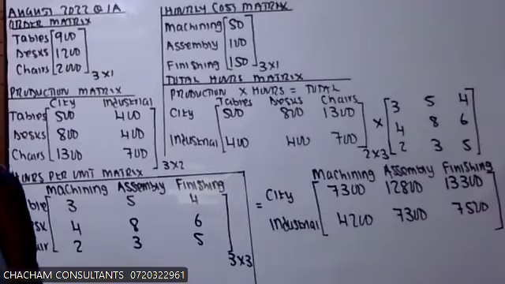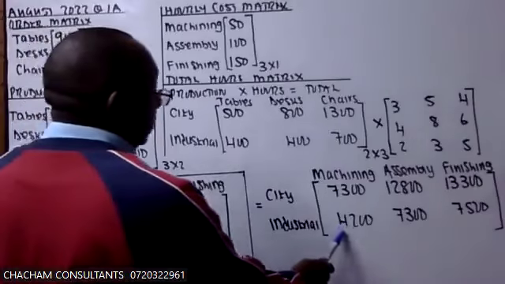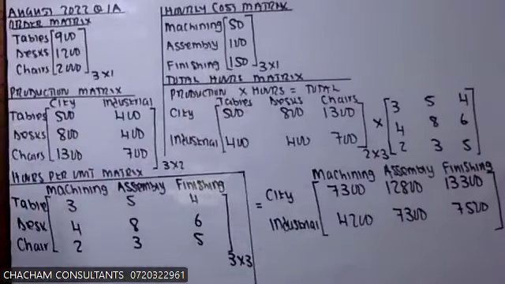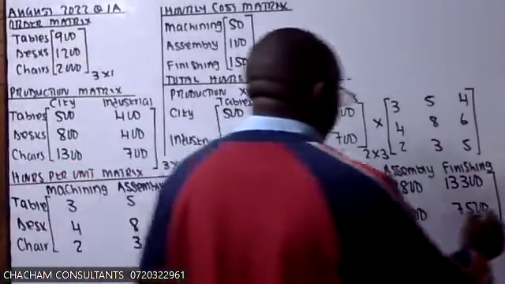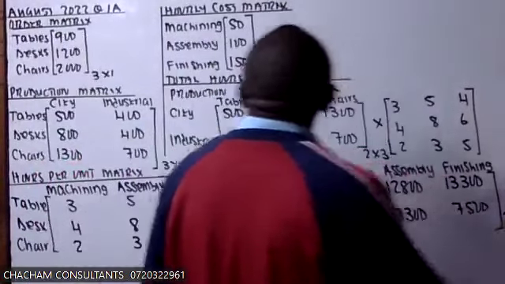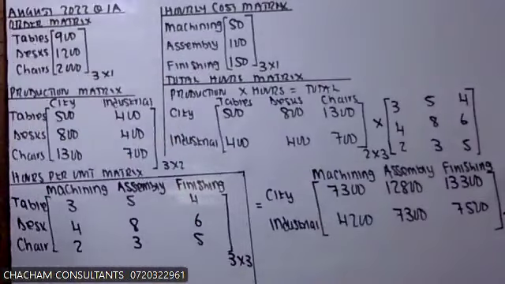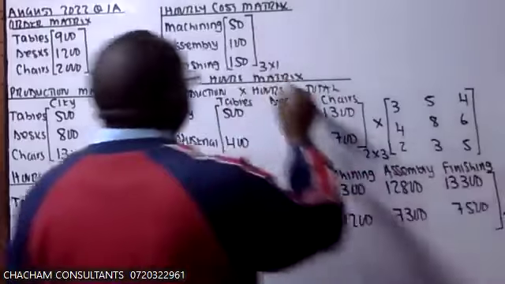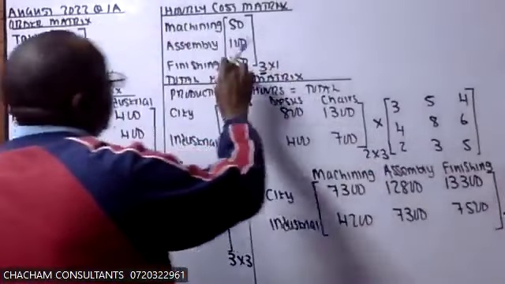Finally, we are told to get the total cost incurred at each branch. The total costs incurred at each branch. So if these are the hours, we multiply by the hourly cost. Now this is a 2 by 3 matrix. To ensure that they are compatible, we will start with this one so that we have these 3 and these 3. So this one becomes the second matrix.